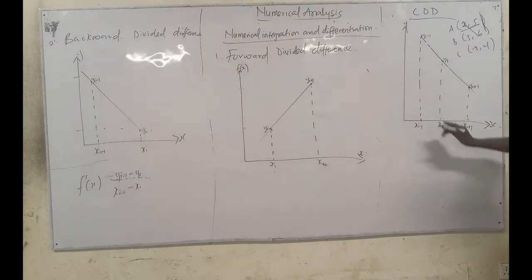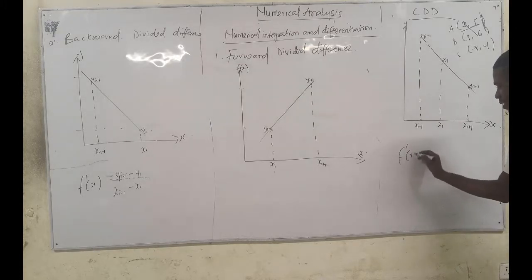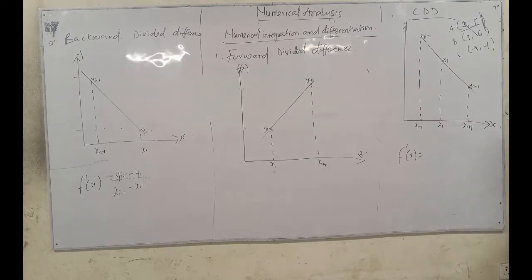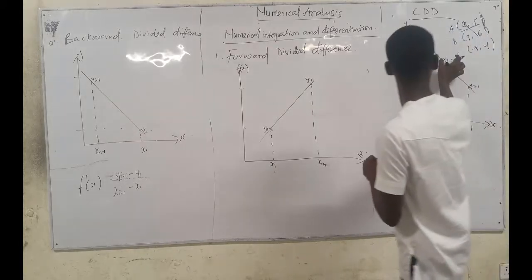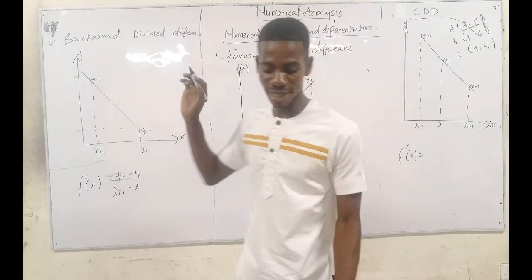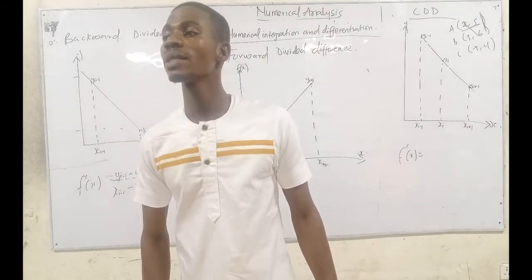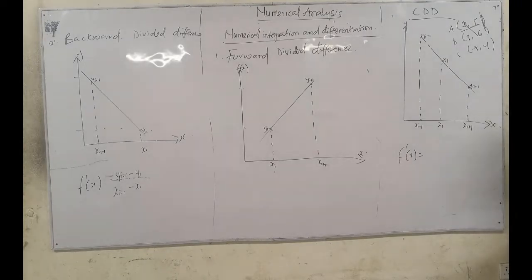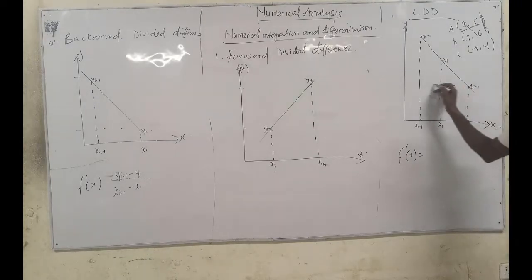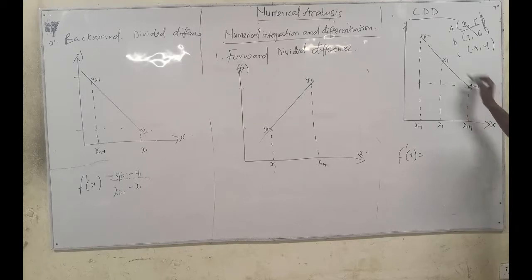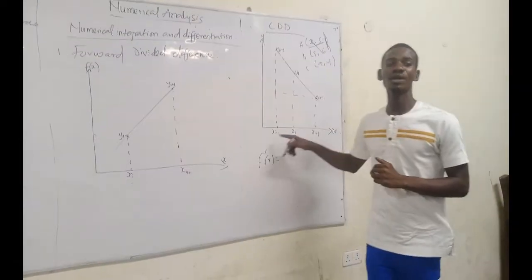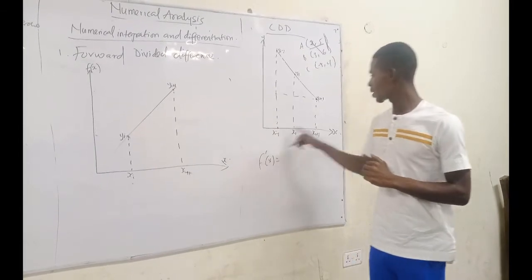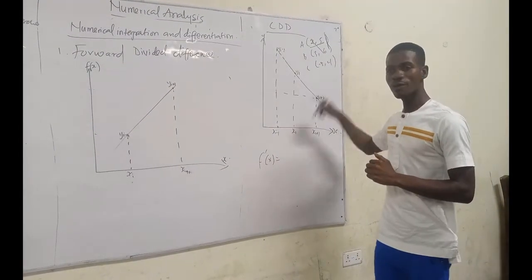To find the gradient, to find the function f prime of x, at this point, how can we find the middle, the center? It will be this divided by 2. Exactly. But to find the gradient of the whole of this one, it is this minus that, all over this minus that.